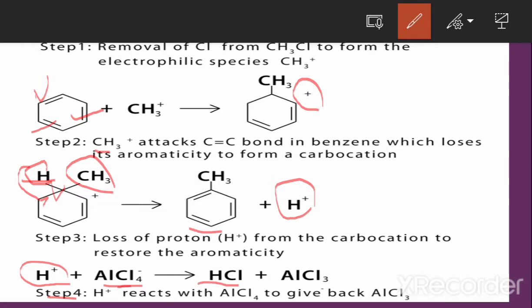And this is the catalyst that we regain from the reaction. As the reaction proceeds, we regain the catalyst.